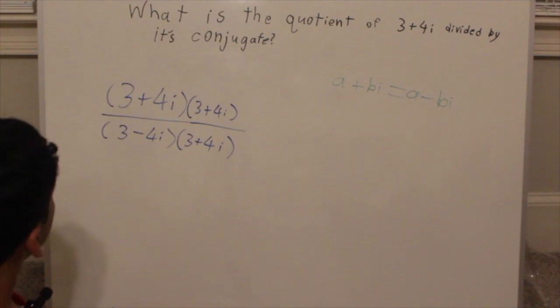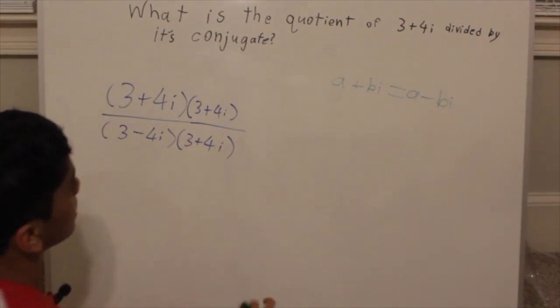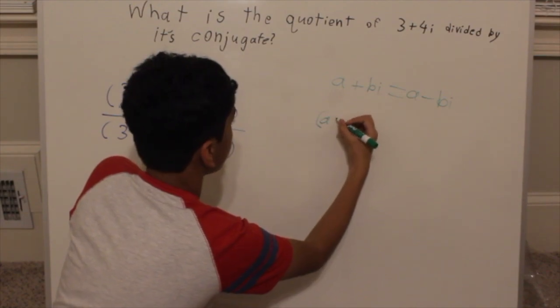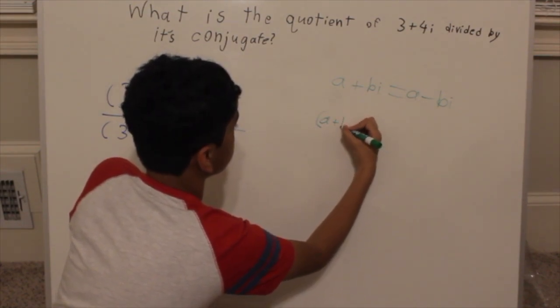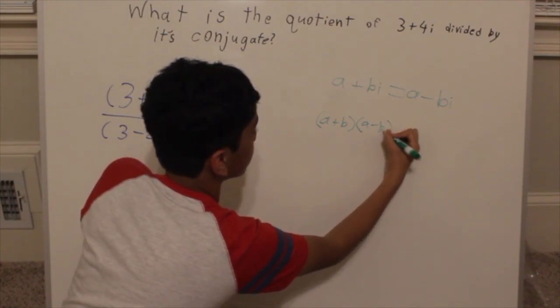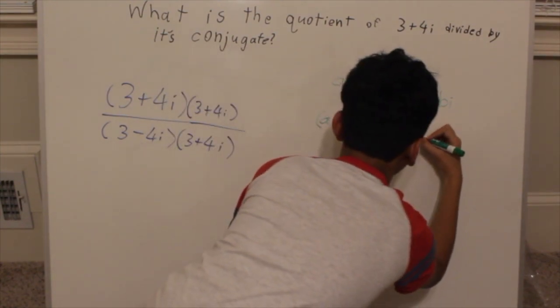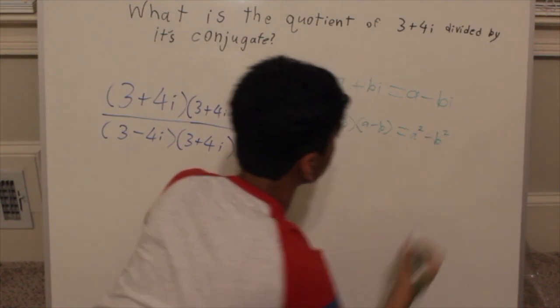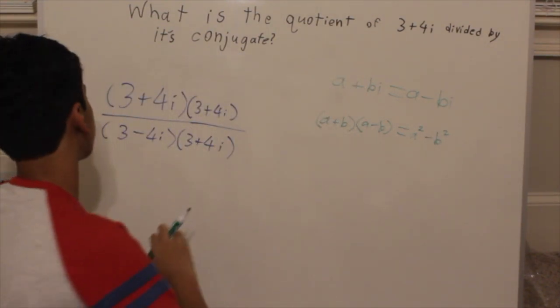Okay, now notice how the denominator is in this form. Remember, a plus b times a minus b is equal to a squared minus b squared. Remember this.